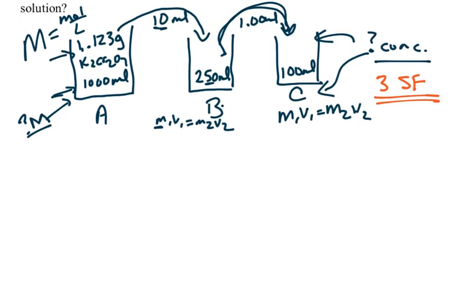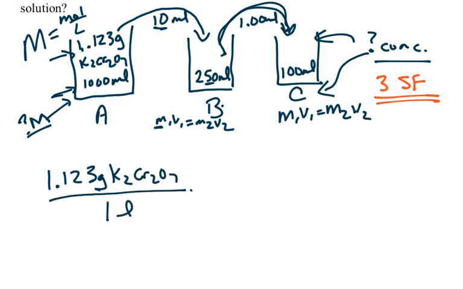So first we start with solution A. We have 1.123 grams of K2Cr2O7. That's in 1 liter.